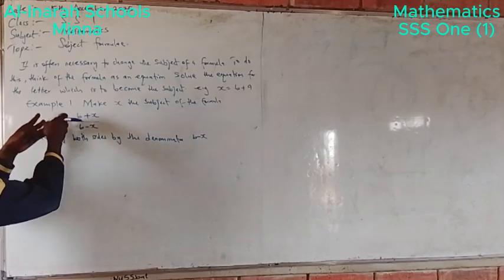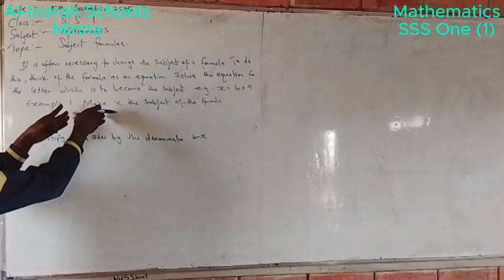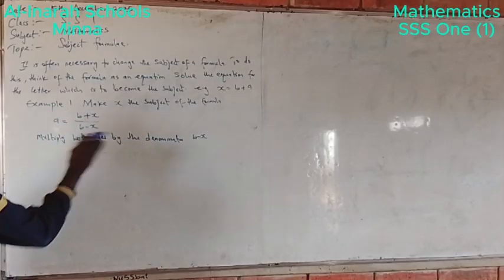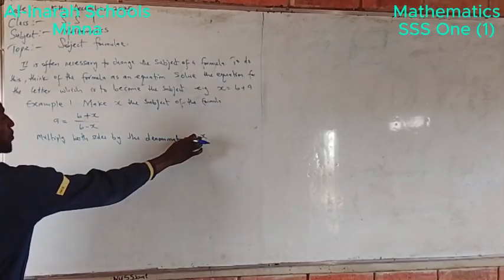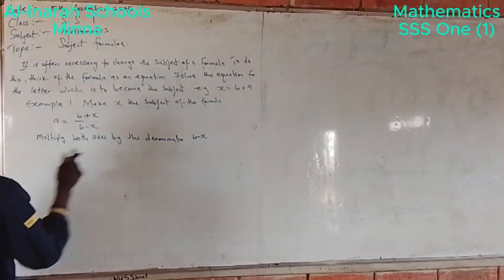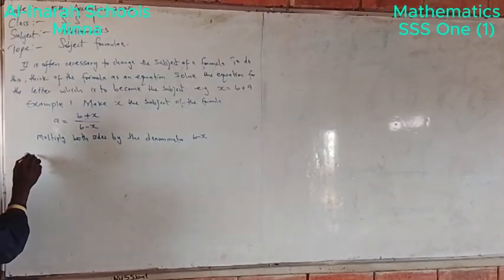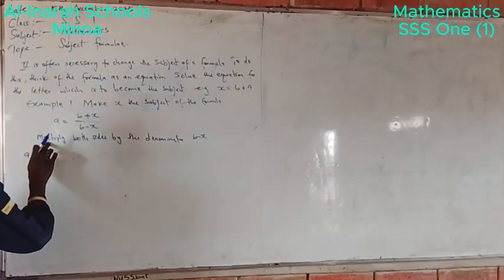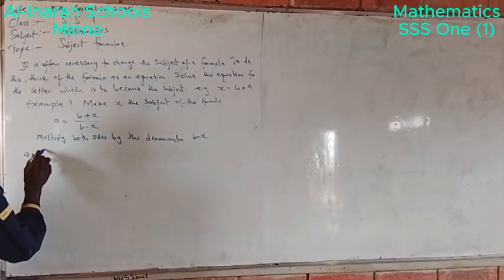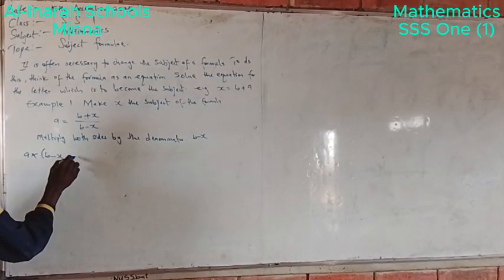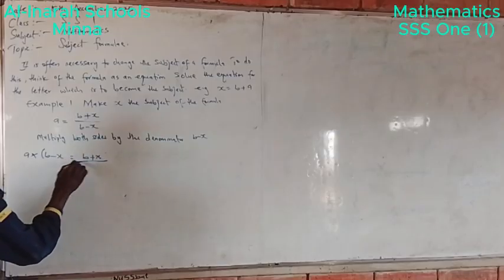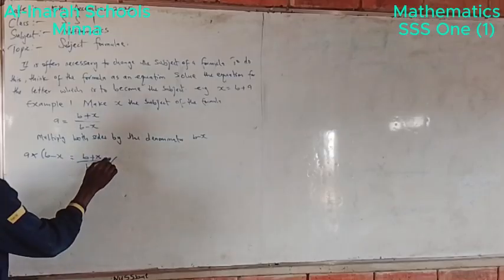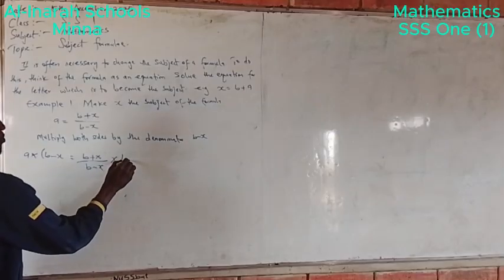We have two equations on the board: a and b plus x over b minus x. By then looking at this, you have to multiply both sides by b minus x. You have a times b minus x is equal to b plus x over b minus x times b minus x.